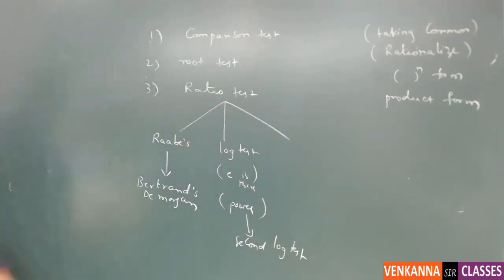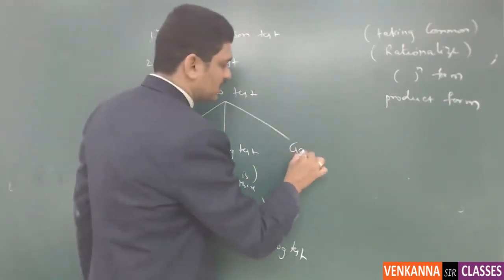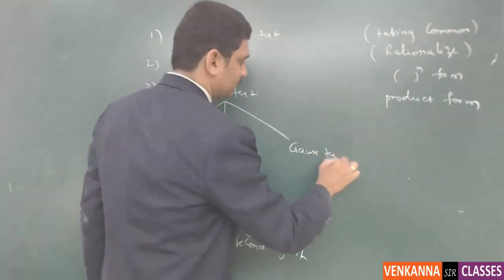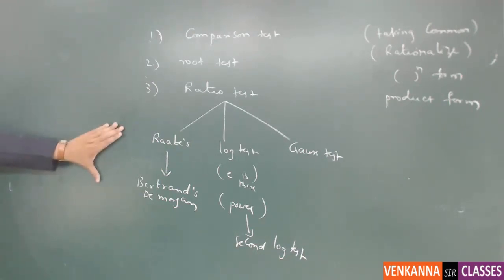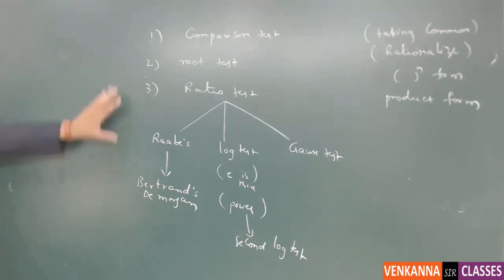Then after applying ratio test, we can apply the Gauss test that I am going to give later. So this is the whole strategy. Fine. Please take a note of it. After noting this hierarchy, you will have clarity of what we are doing for the given series.